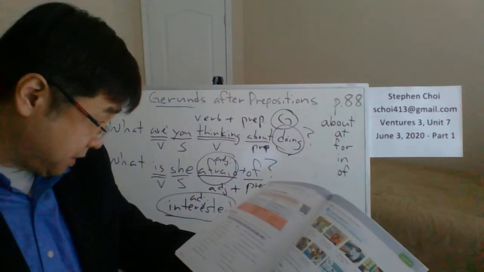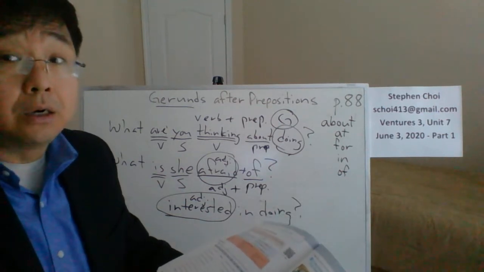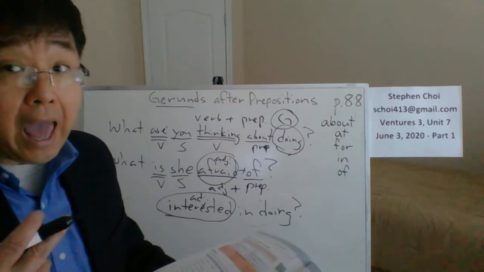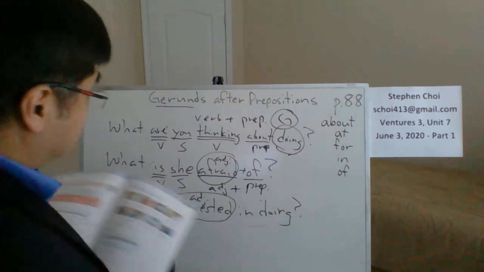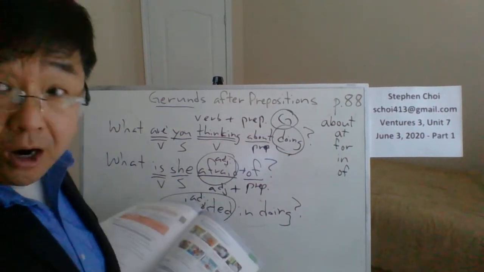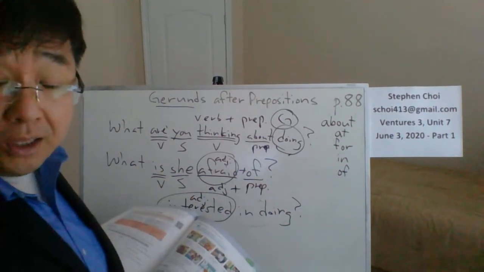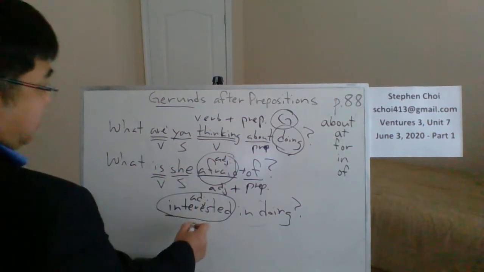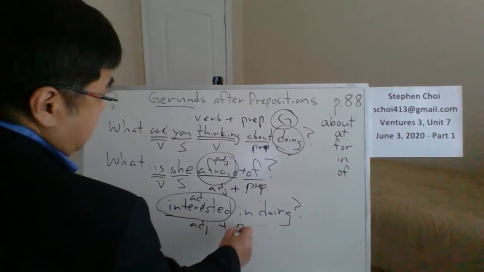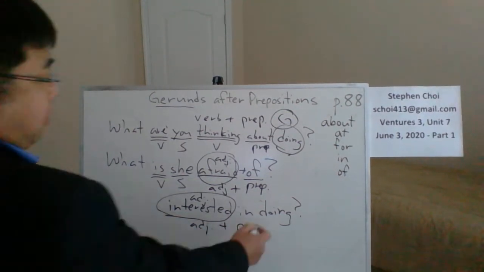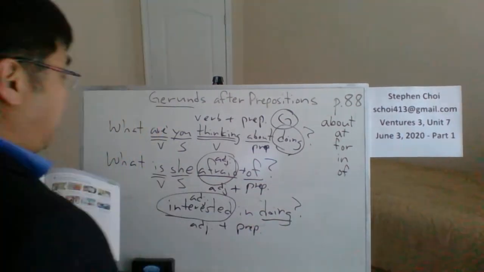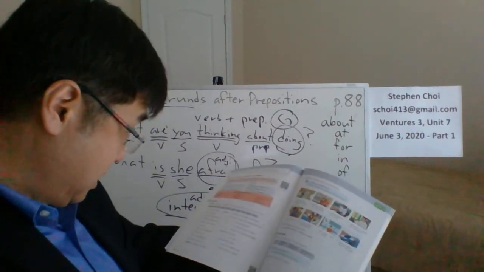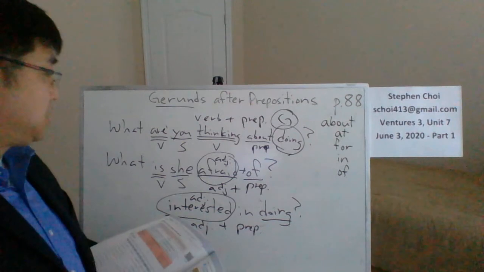The verb is are: they subject, are verb. Interested is a participial adjective, like they are smart, they are rich, they are friendly, they are happy. The in is a preposition, followed by a gerund. They are interested in applying for a loan.